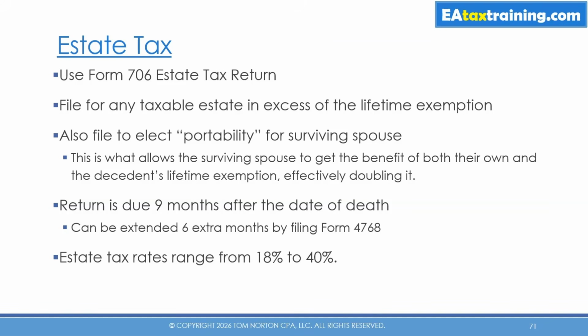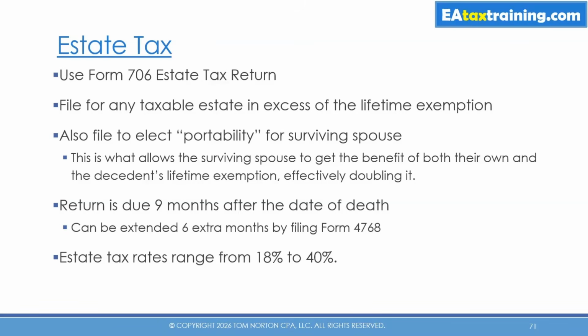Now you'll remember that the gift tax return is the 709. The estate tax return is the 706. This can get confusing because a 6 is just like an upside down 9. So I'm going to give you an easy way to remember which form you use, because on the exam, they might test this, whether it is a 706 or 709.